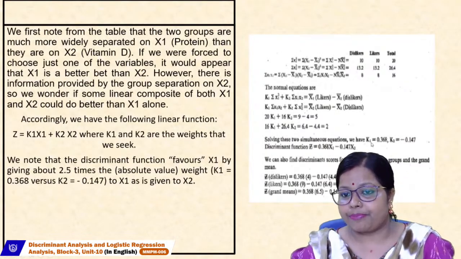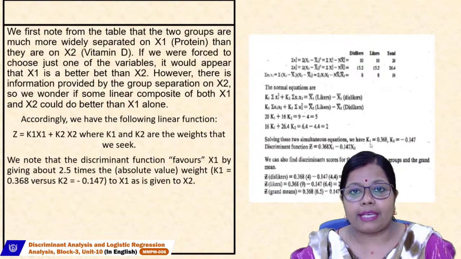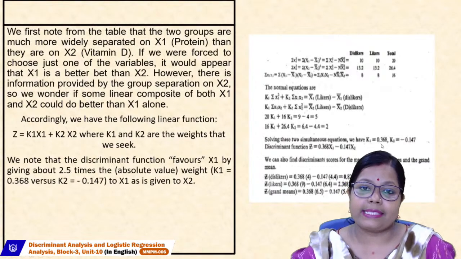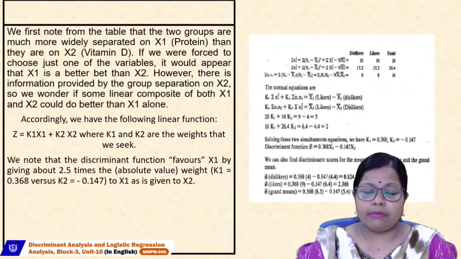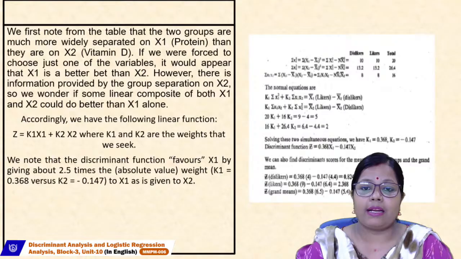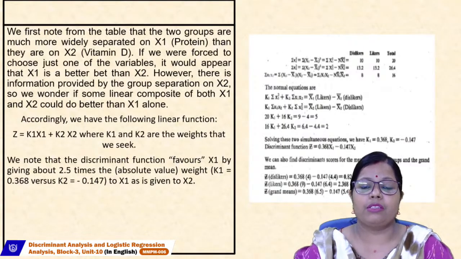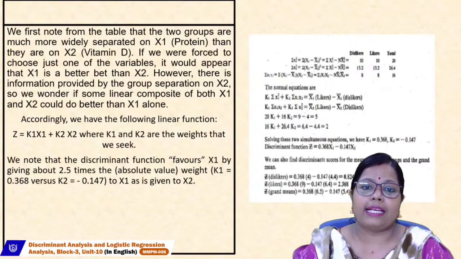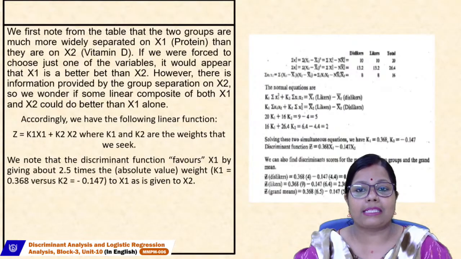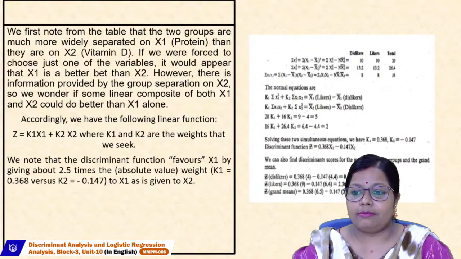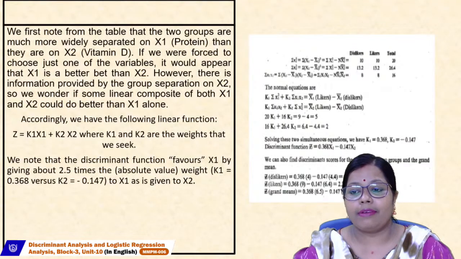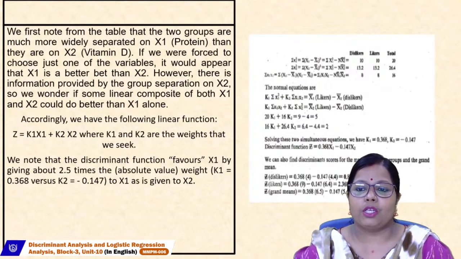Now the value of k1 was 0.368, which is positive in nature. It means the weightage we found from the equations supports x1, which is assigned for protein. But talking about k2, it is surprising to see that its value is negative 0.147.